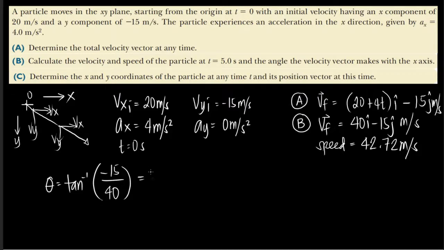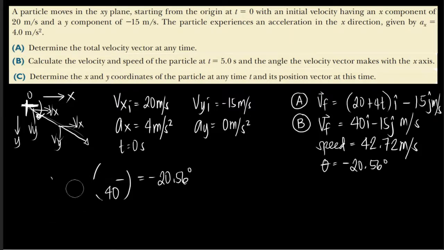So arc tan of negative 15 over 40 is negative 20.56 degrees. Which is true, because the motion of our particle is downward. The angle is moving clockwise, so our angle is negative. So we put negative 20.56 degrees.